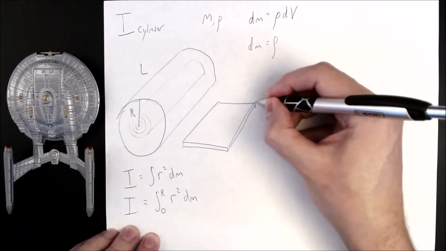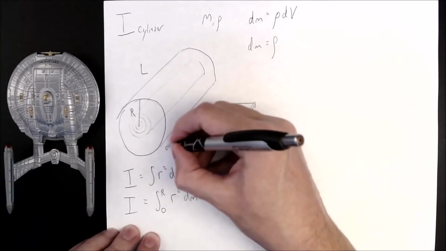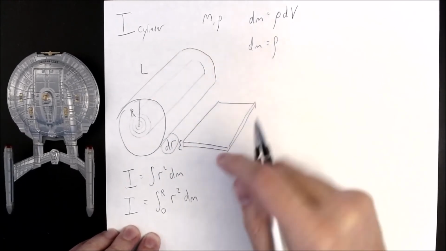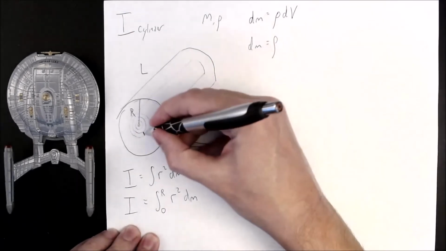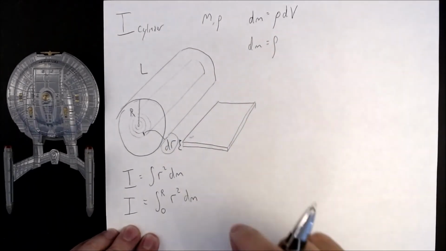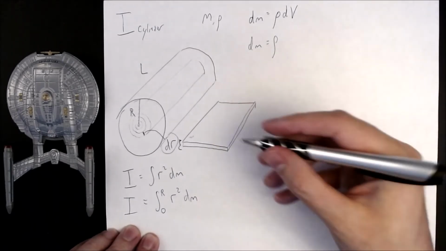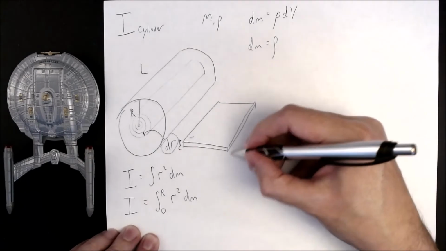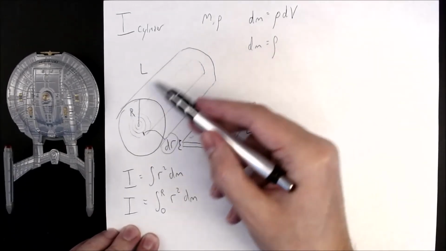This thickness here is going to be dr, an infinitesimal change in radius. This and that are dr, an infinitesimal increase in radius of this cylinder. The length here should be L, because that's the length there.